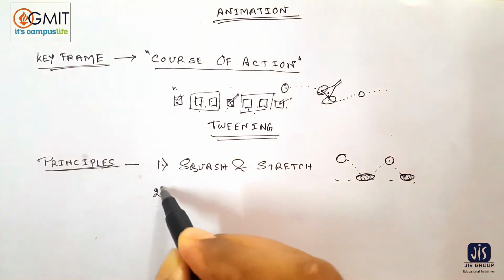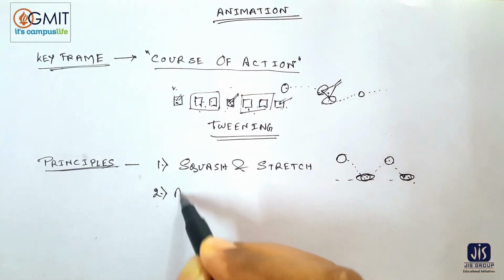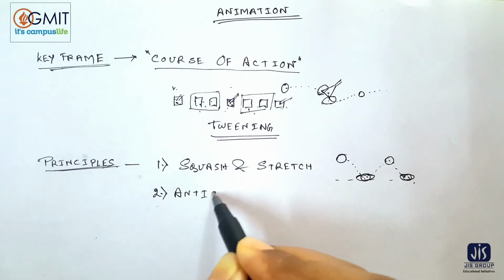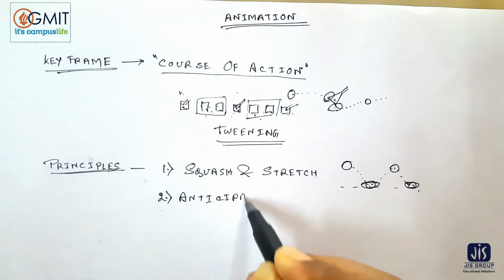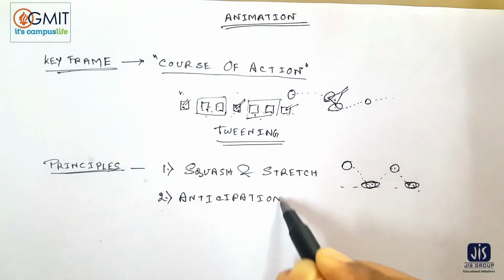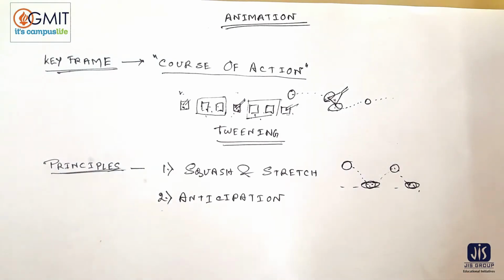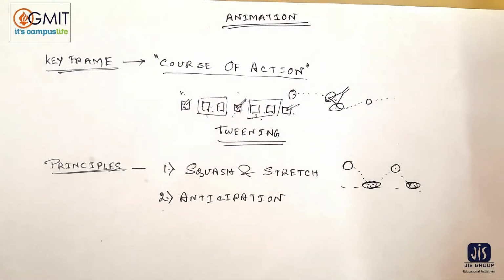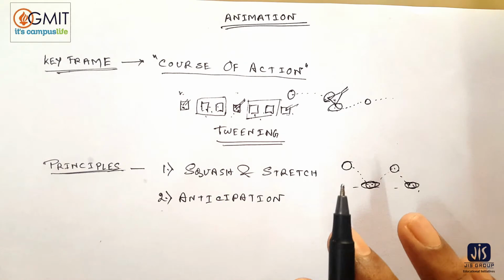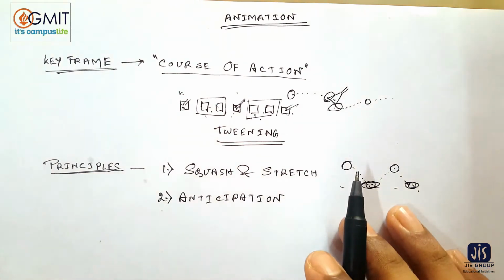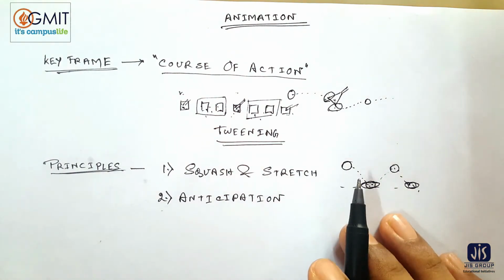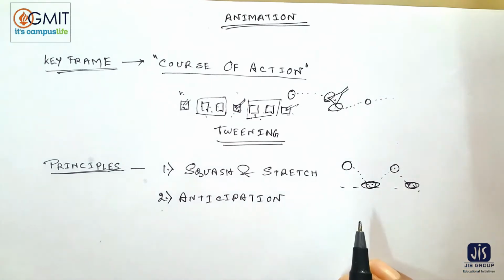Next point, anticipation. What is anticipation? For example, before running away, a character might turn its face and look behind.